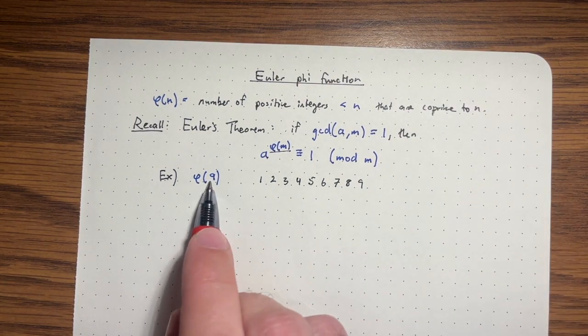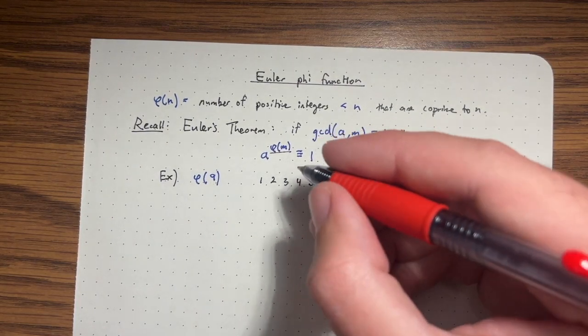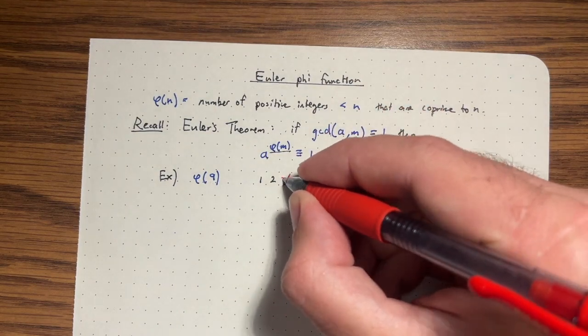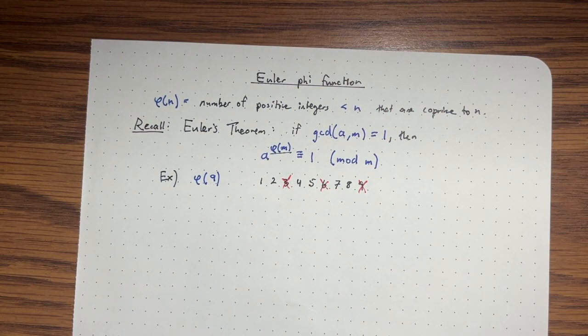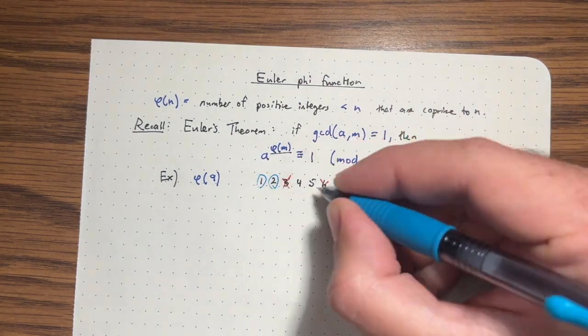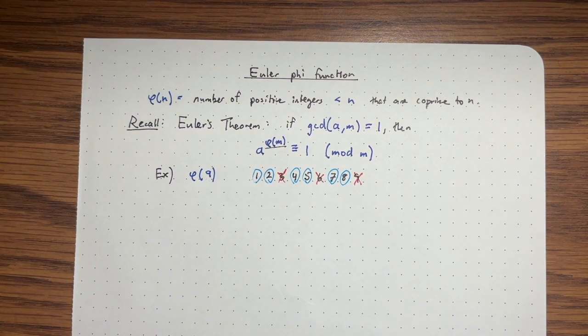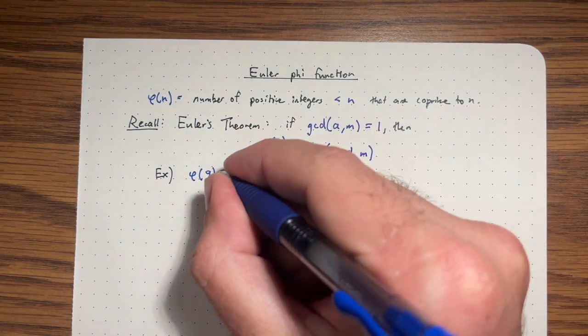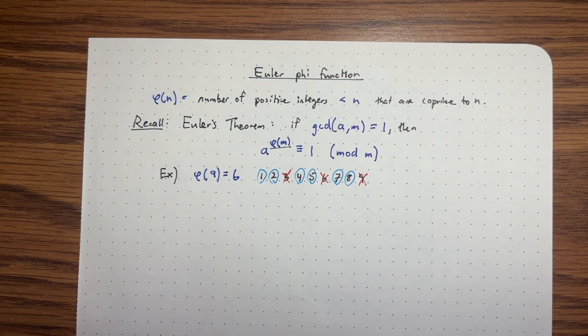So if I share a factor in common with 9, it'd better be 3 or a multiple of 3. So you can just cross those out, including 9 itself. And here's what's left: 1, 2, 4, 5, 7, 8. The total count is 6. So phi of 9 is going to be 6.